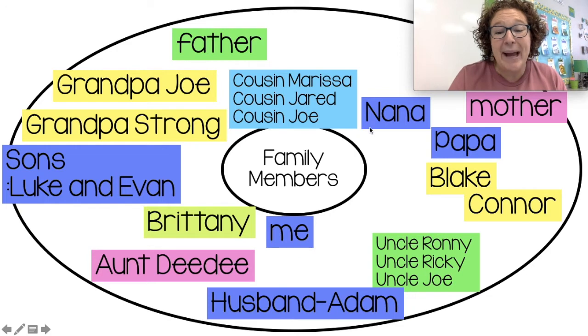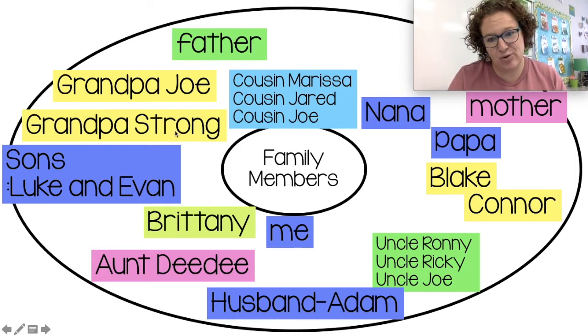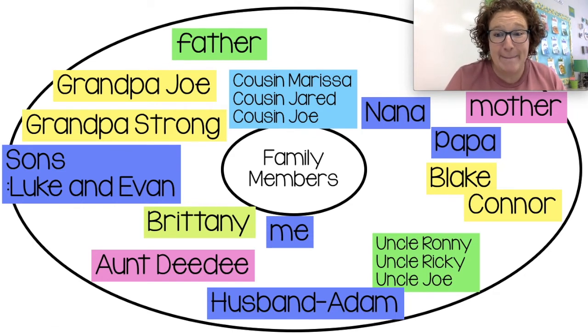And then my mom's mom is Nana. And my mom's dad is my Grandpa Joe. And then my dad's mom is Grandma. And my dad's dad is my Grandpa Strong. And then I have my Aunt Dee Dee. I only have one aunt.